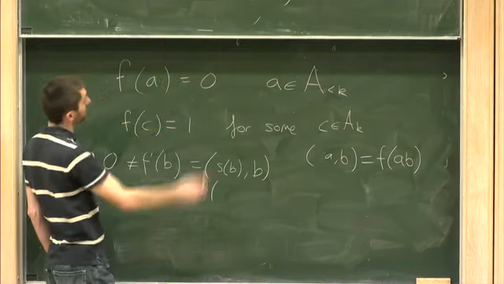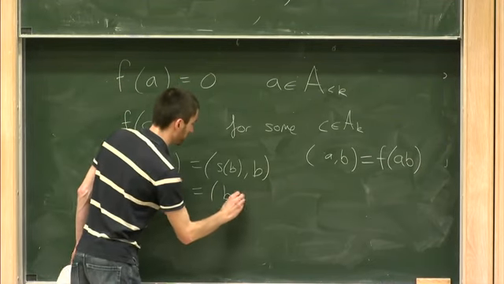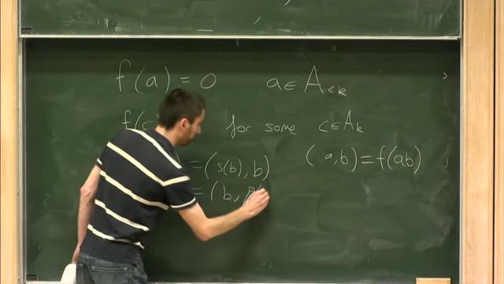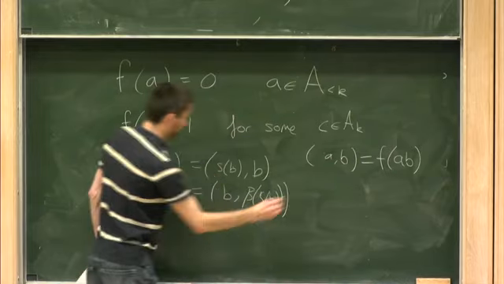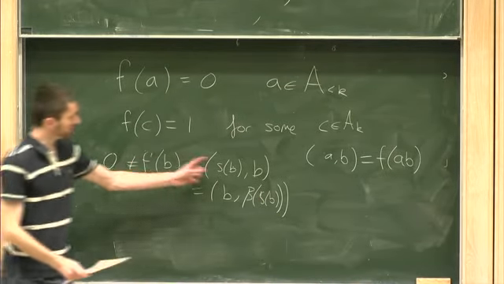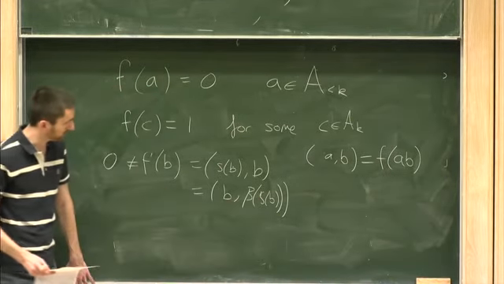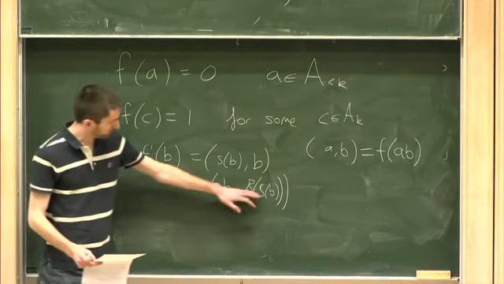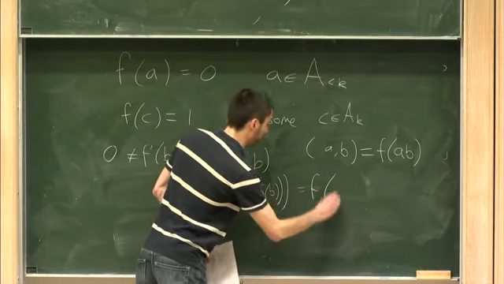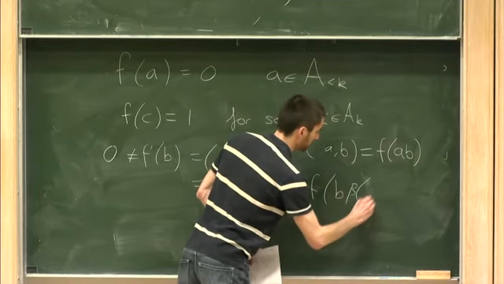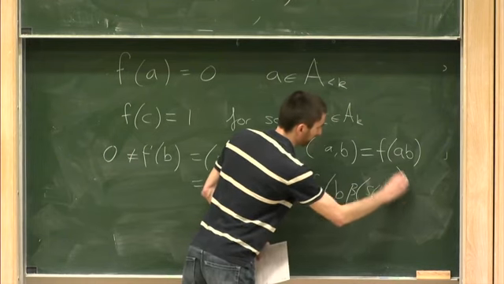and by this relation we can interchange the two, and so we have to introduce a factor of beta. And so this is then f of b beta b.